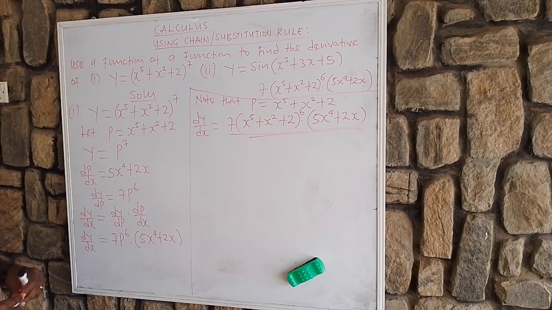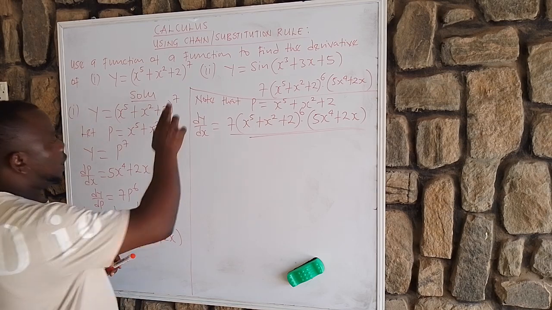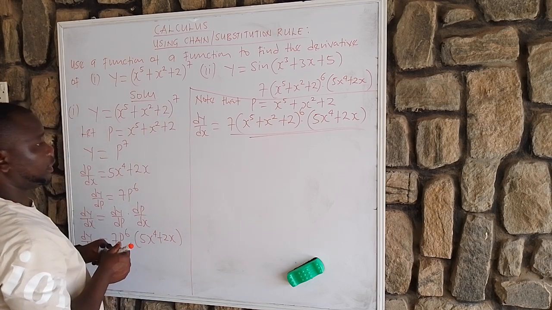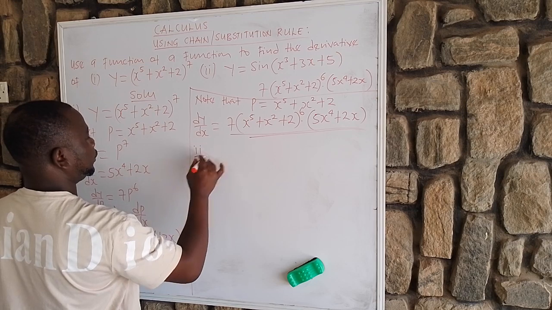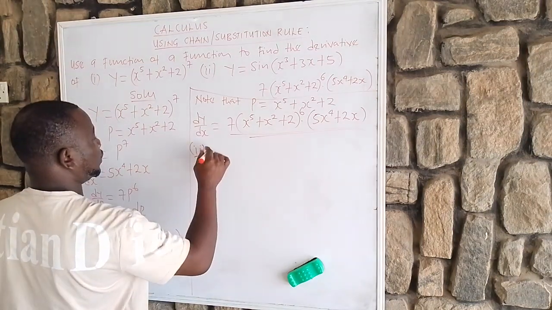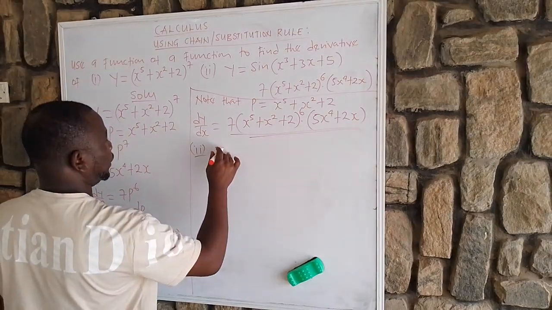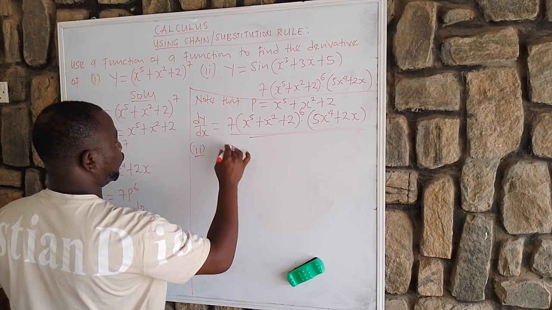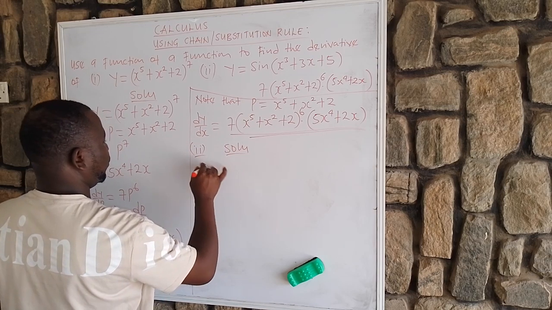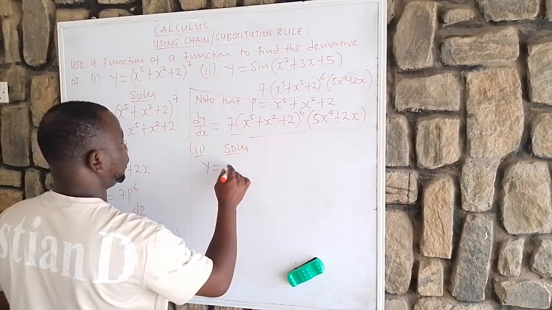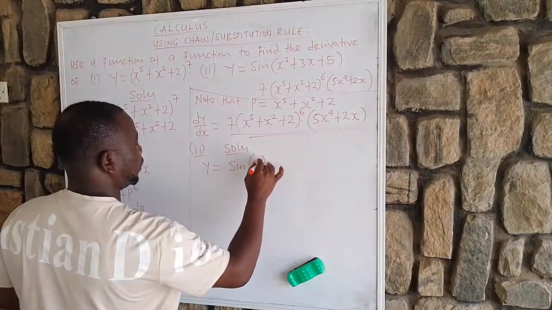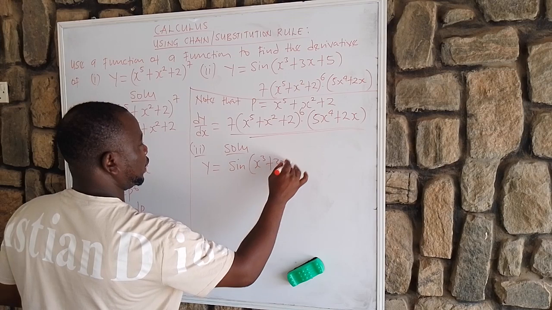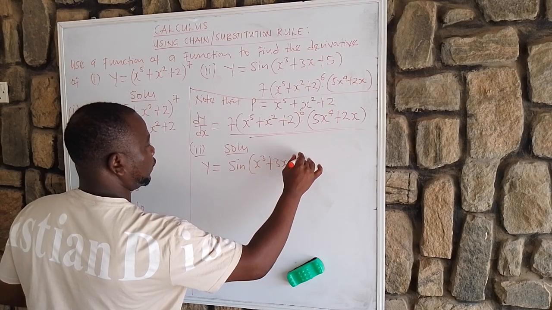So now let us consider part two. Let's solve it. Solution: y is equal to sine open bracket x raised to the power of 3 plus 3x plus 5.